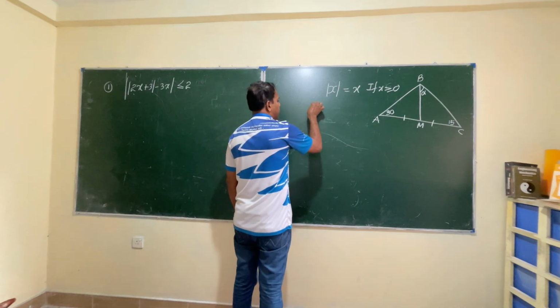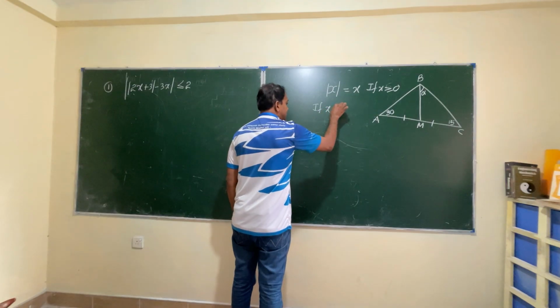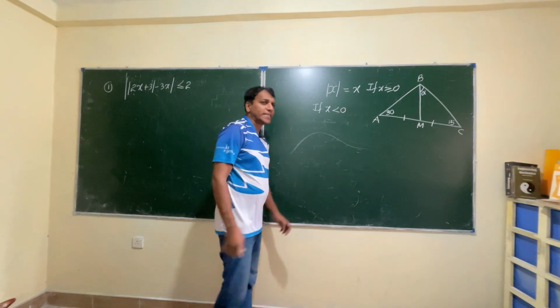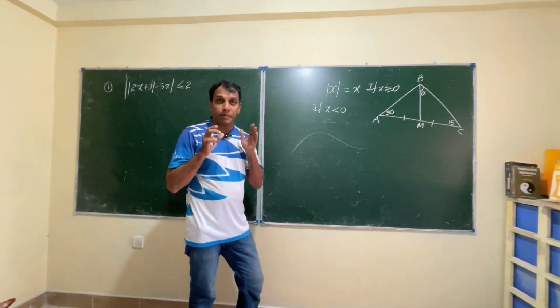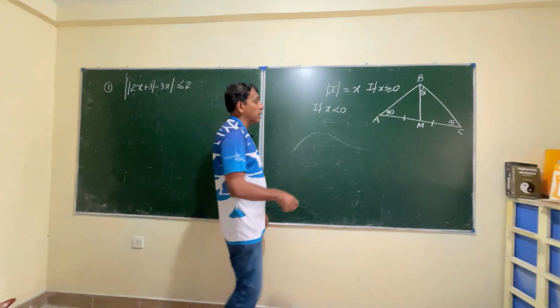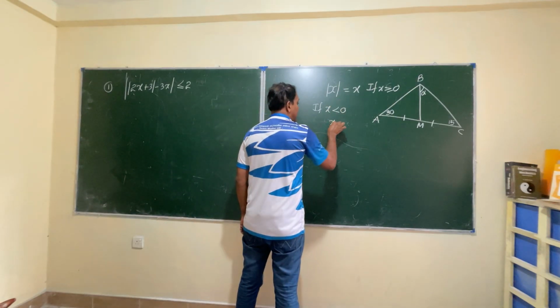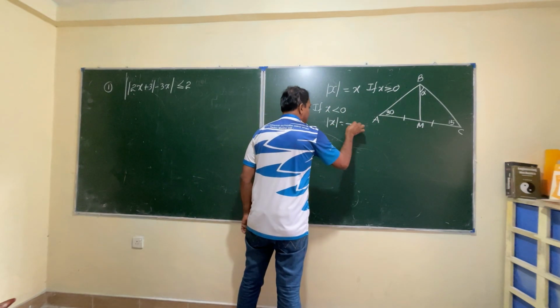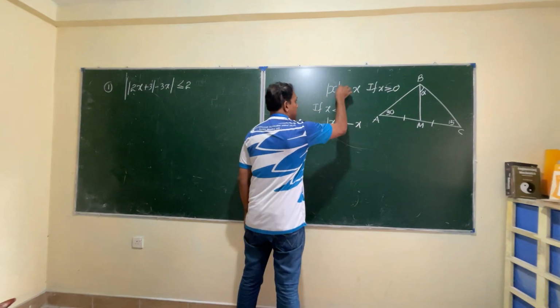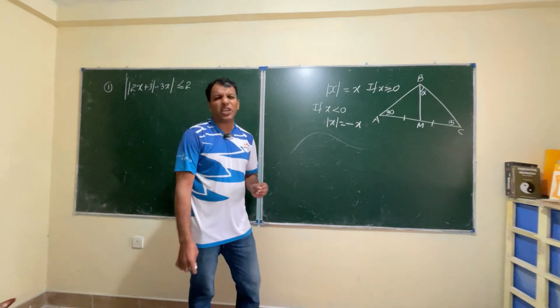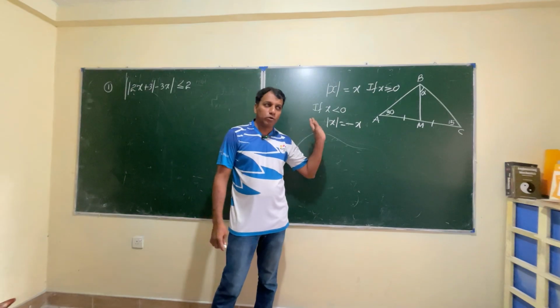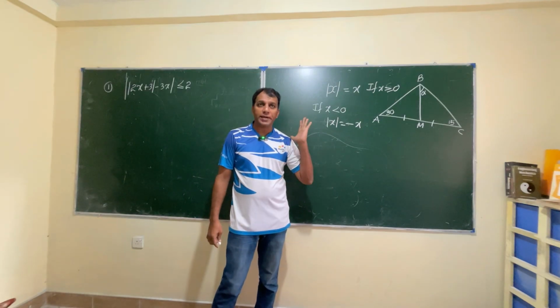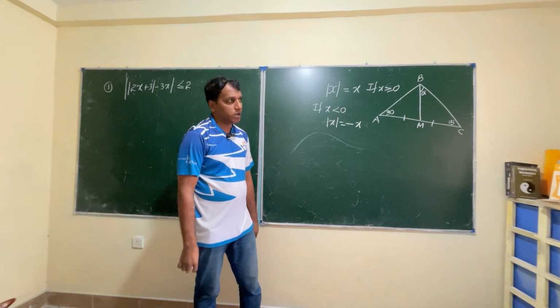Or otherwise, if x is less than 0, inside the modulus you have the negative sign, so we write mod x equals minus x. These are the two main things in the modulus lesson. Using this, you can work any type of problem.